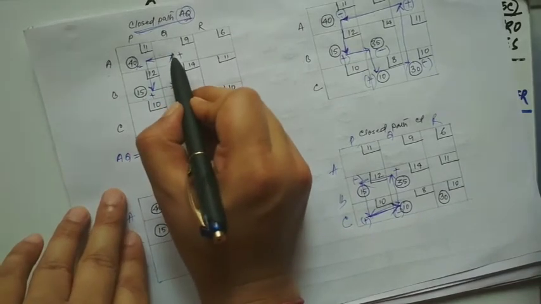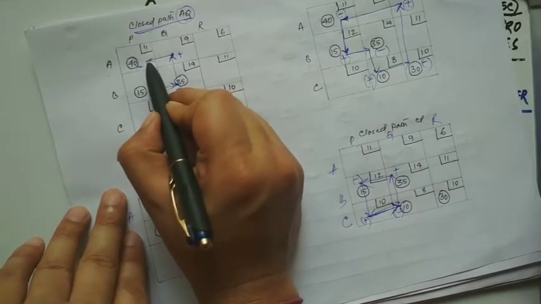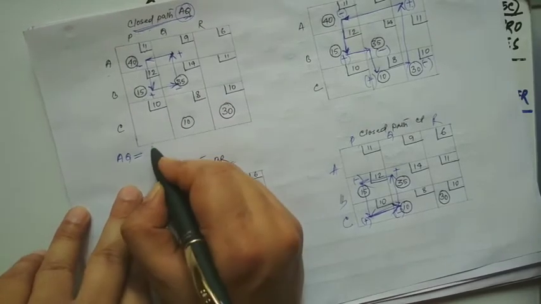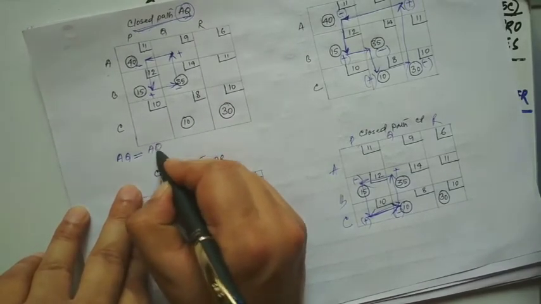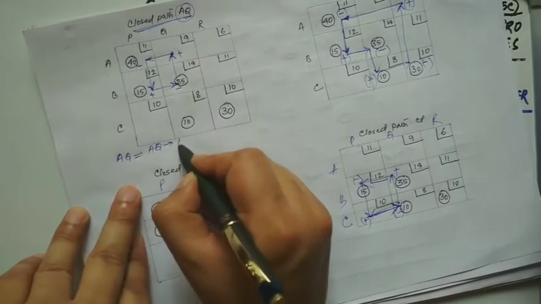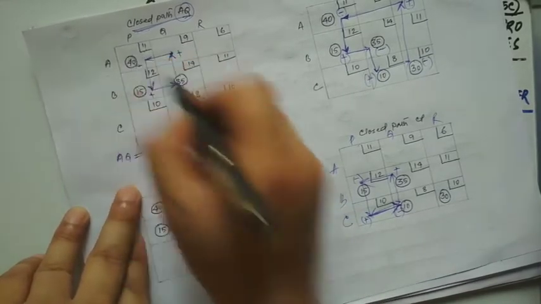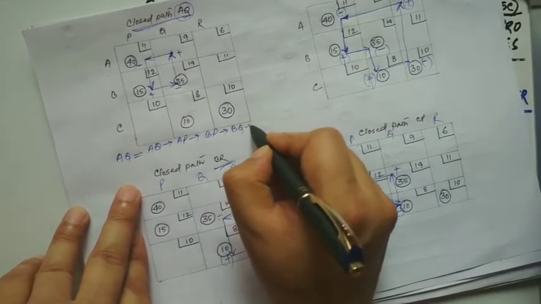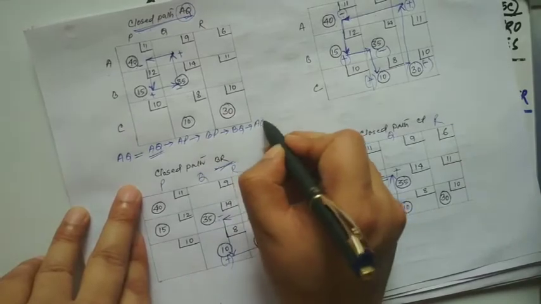We have started AQ, then AP, then BP, then BQ. So we can write in this fashion. We have started from AQ, then we have gone to AP, then BP, then BQ, and the last one will be the same as the first one, as we have to close the loop.